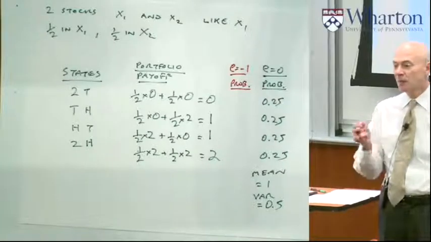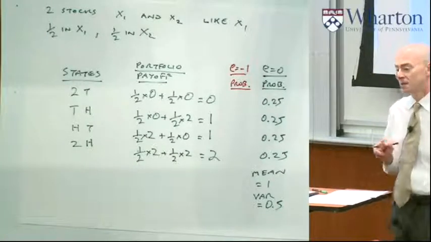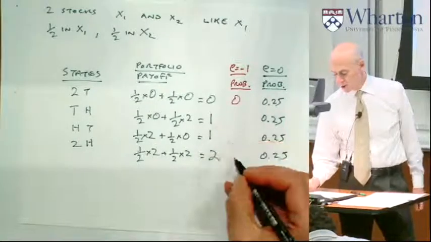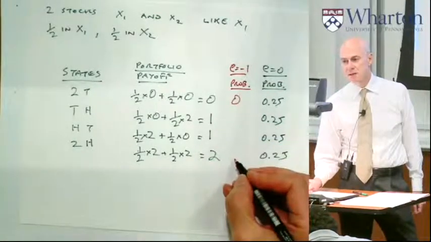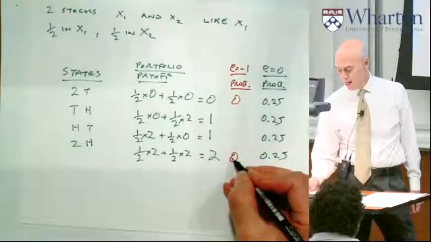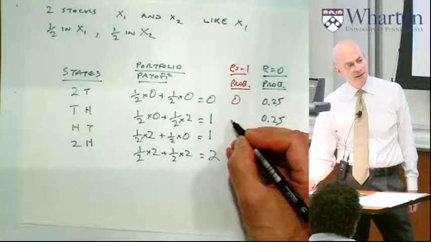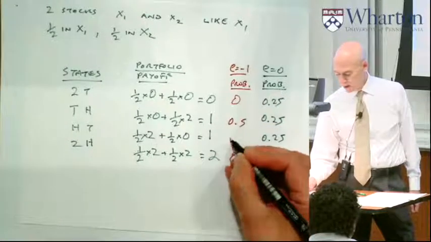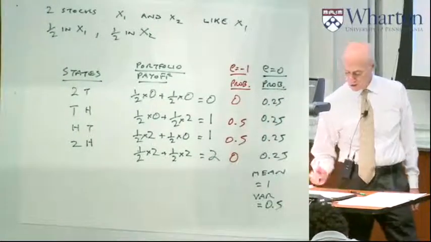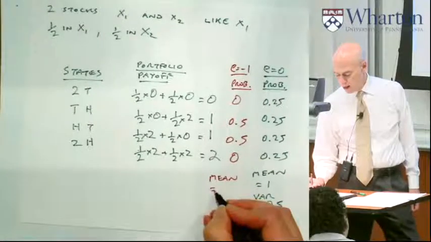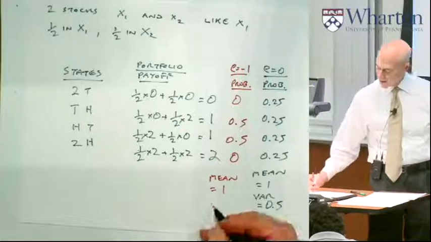Head. So what's the probability of two tails? 0. And what's the probability of two heads? 0. And tail head? Half, and a half. So what's the mean now? 1 again. What's the variance now?